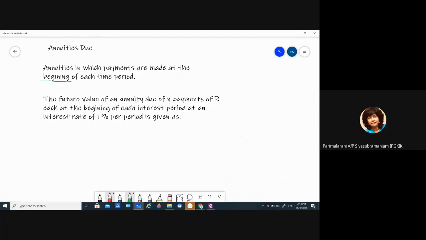The future value of an annuity due of n payments of R each at the beginning of each interest period, at an interest rate of I% per period, is given by this formula for future values of annuity due.